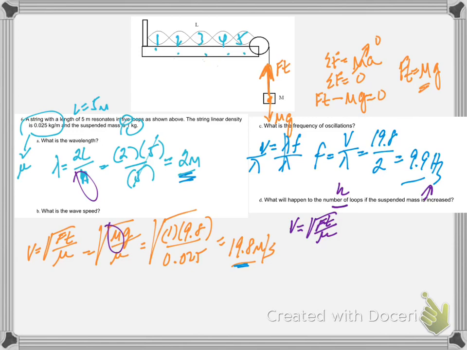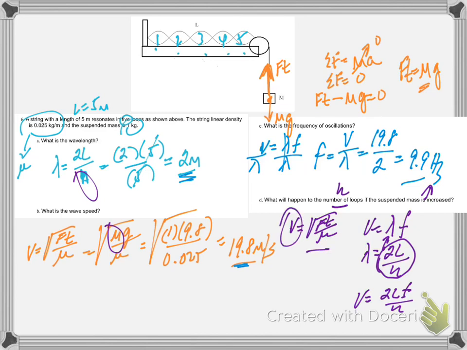All right. Now we also know that velocity equals lambda f. We know that lambda equals 2L over n. So if we plug this in for lambda, we have velocity equals 2Lf over n. So we have velocity equal to this and velocity equal to that. Let's set this equal to this.